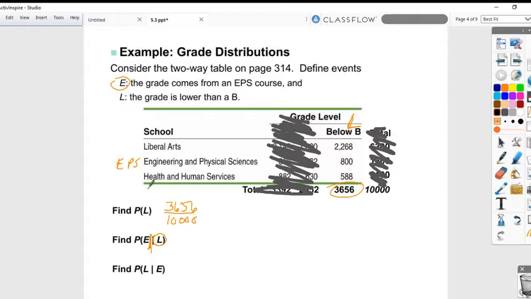How many English and physical sciences? 800 over 3656. Oh goodness, 800, I'll clean that up, over 3656. I know it looks like I'm an idiot, but the problem is that this pen is acting up and I'm left-handed and it's an electronic pad.